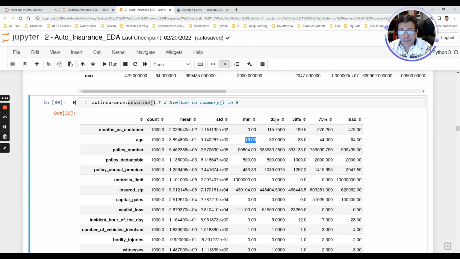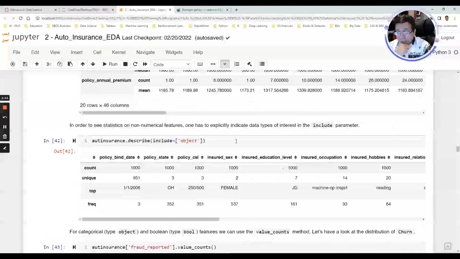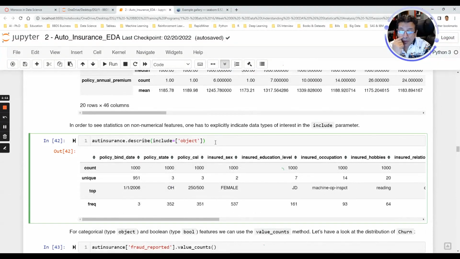The 25% is the first quantile, the 50% is the median, and 75% is the third quantile. Then we talked about objects. This describe only works for numerical data, but if you were to include categorical data, you have to add include object, you have to enforce it.